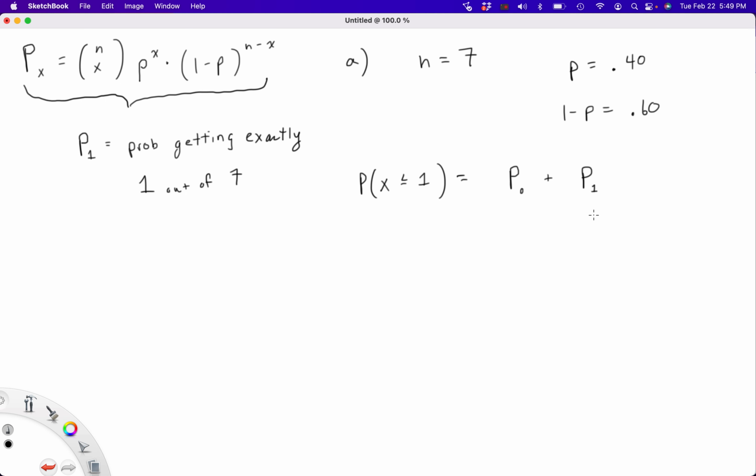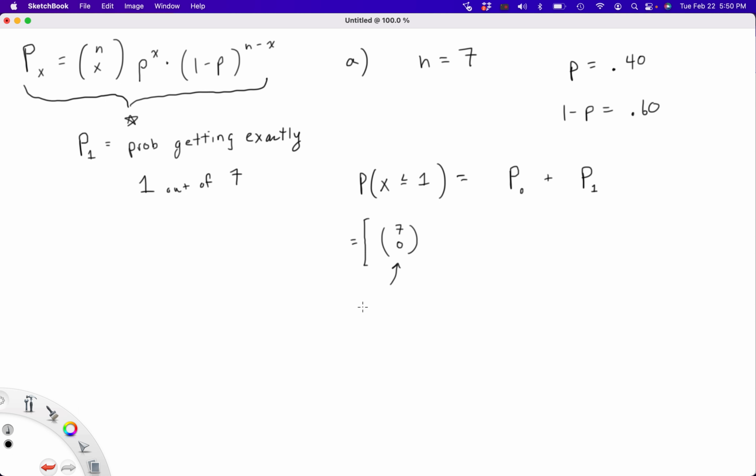So in this case, we're going to start plugging it in. I'll do this one first. Let's say equals. I'll use a really big bracket, and then we'll copy this formula that's on the top left, but plug in 0 for x and 7 for n. So P(0) is going to be 7 choose 0.